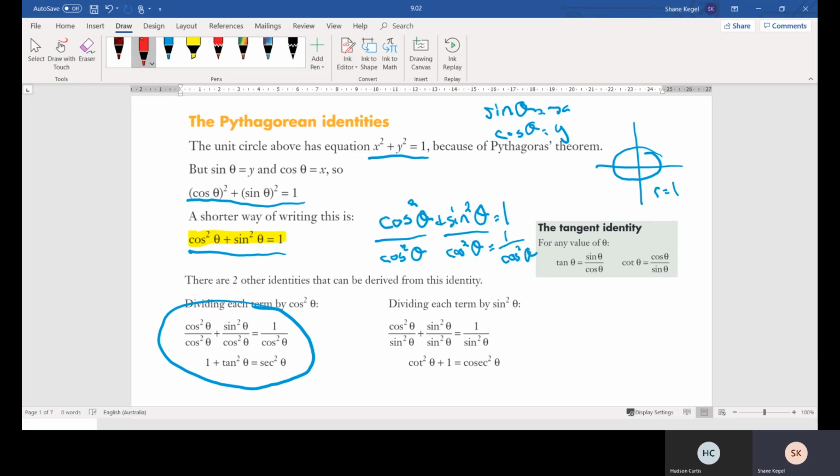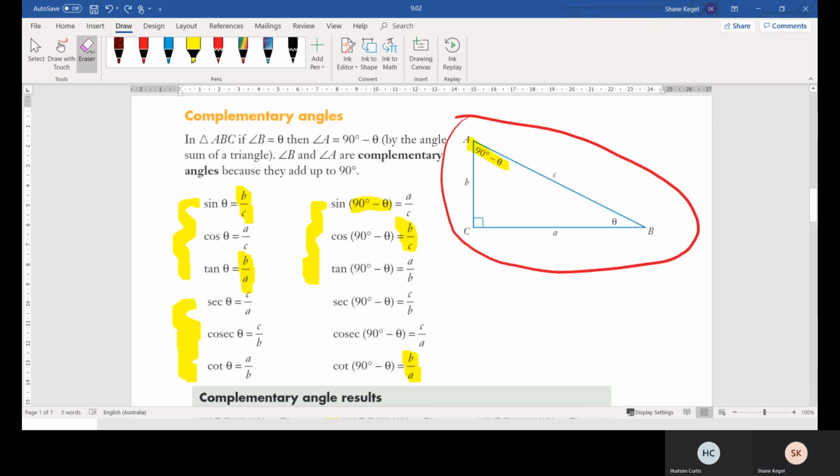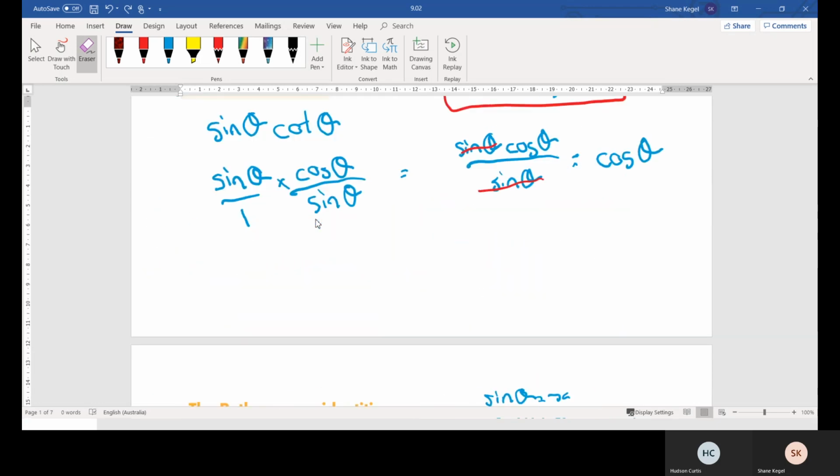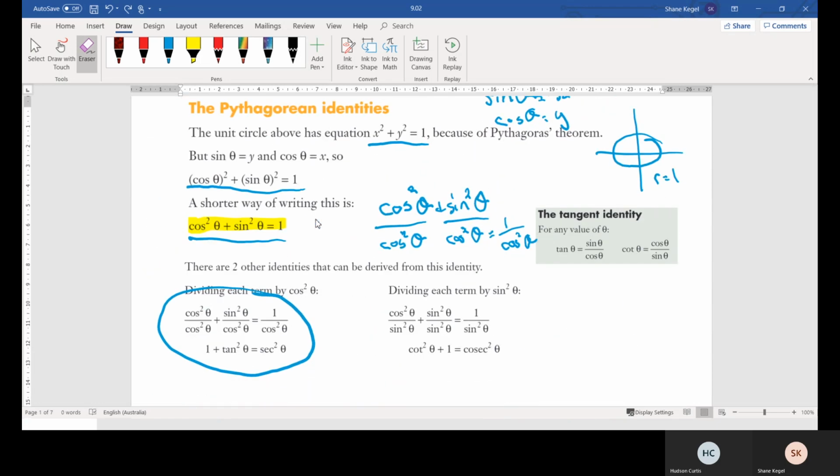I can then cancel out my cos thetas. That gives me 1.